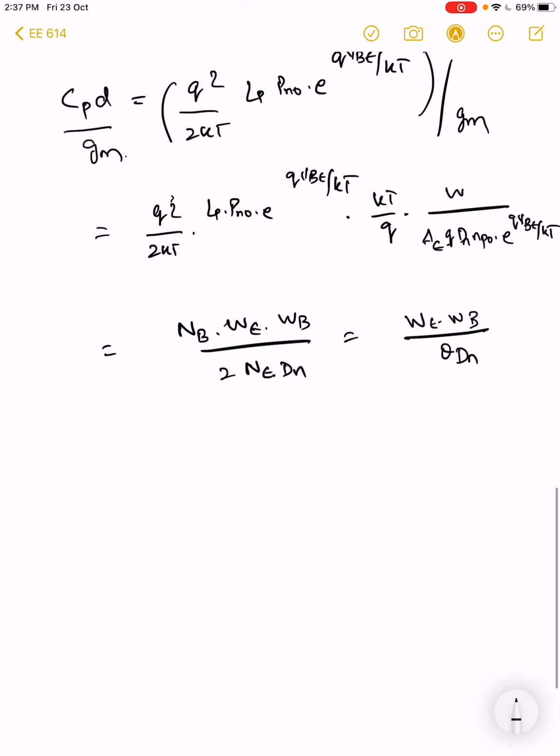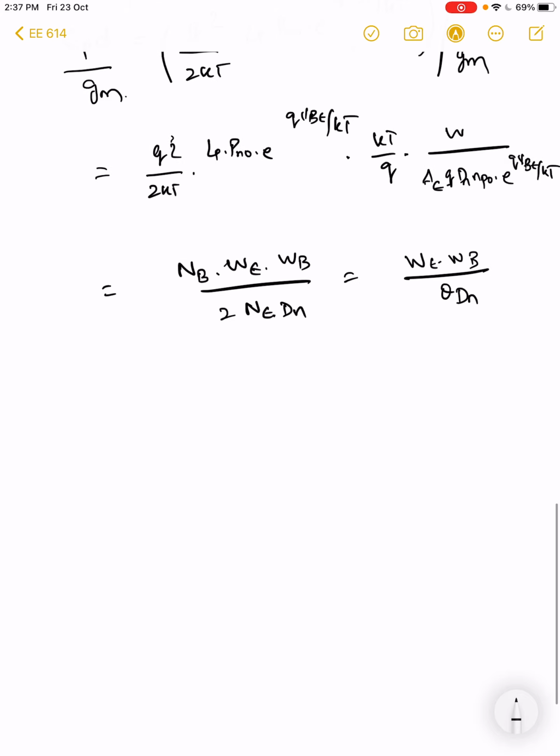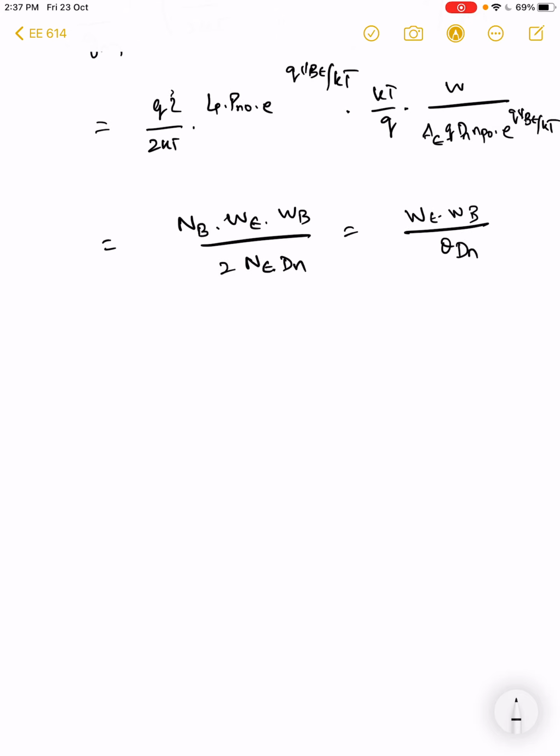With the diffusion capacitances sorted out, now let us take a look at the space charge capacitance, in addition to the depletion capacitance in the base emitter junction that we previously saw.